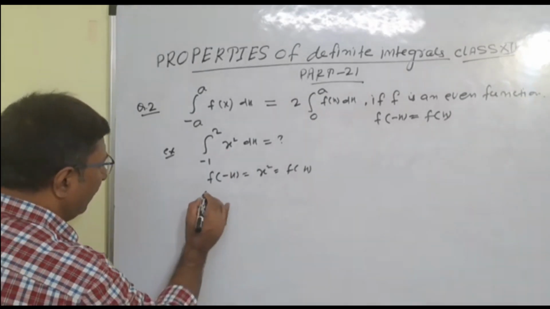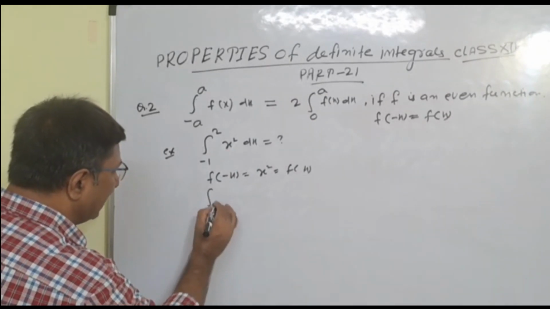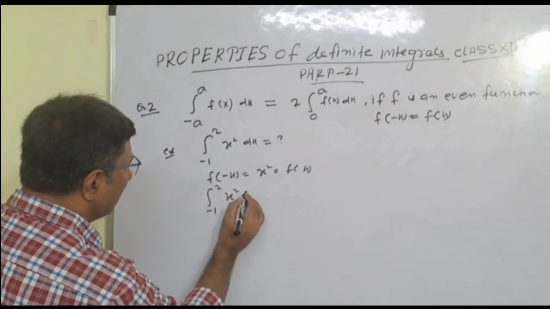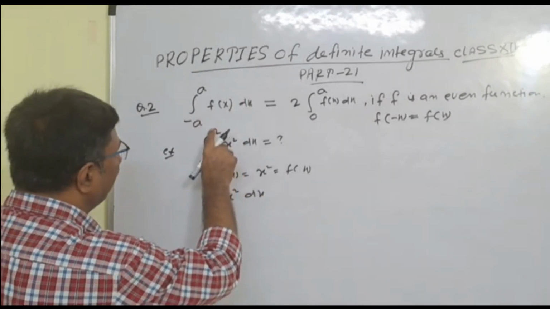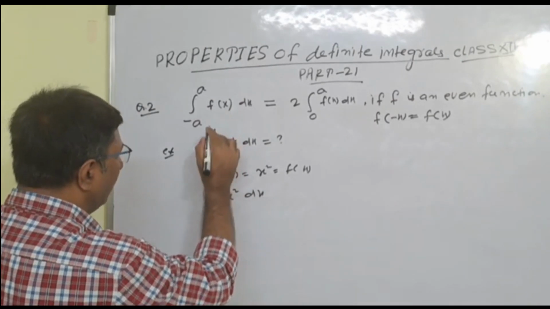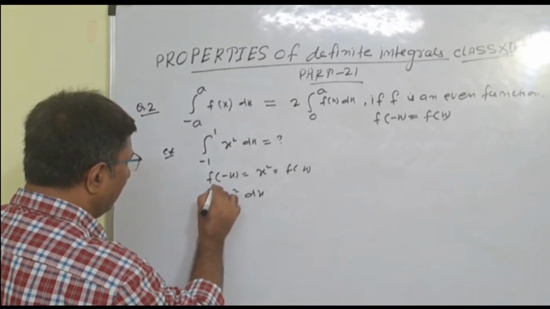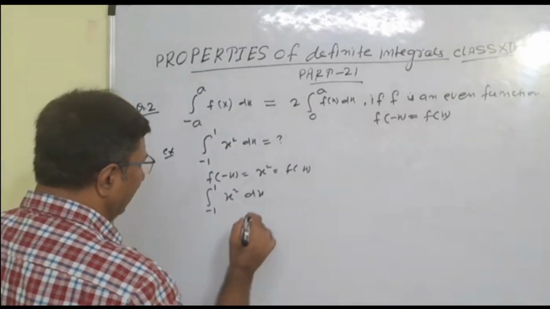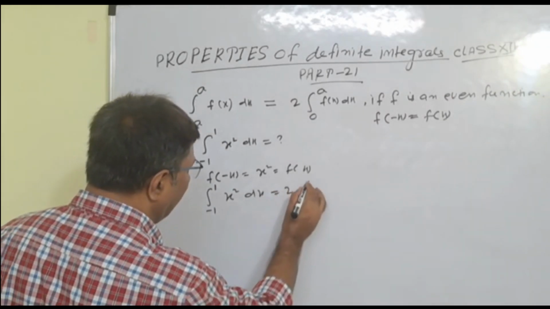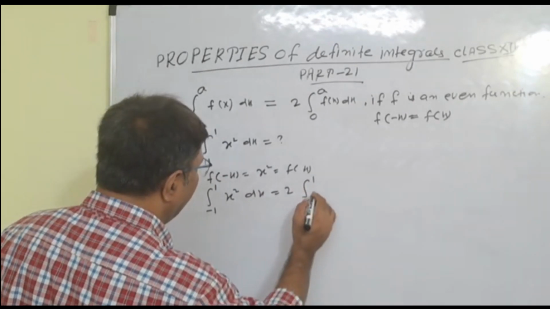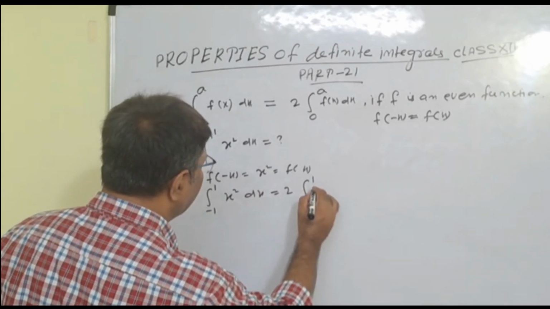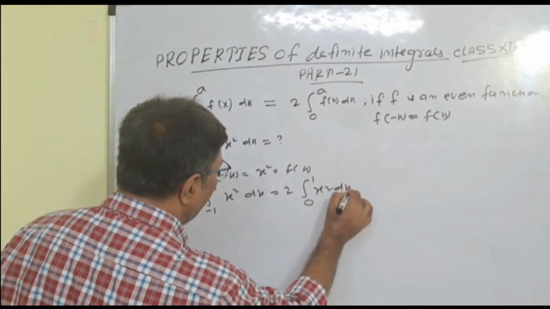So if this is an even function, then we can write the integral from minus 1 to 1 of x square dx. Here it is not minus a to a but minus 1 to 1. This equals twice the integral from 0 to a, that is 0 to 1, and f of x is x square, so x square dx.